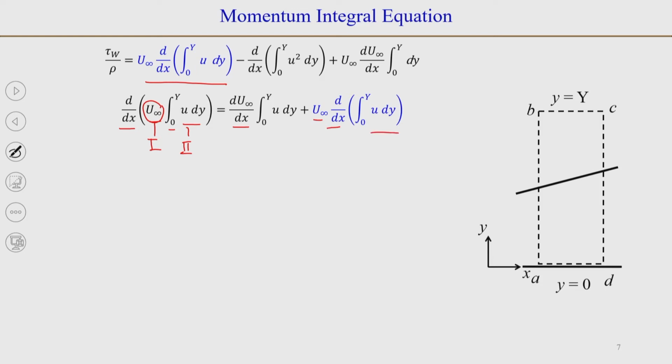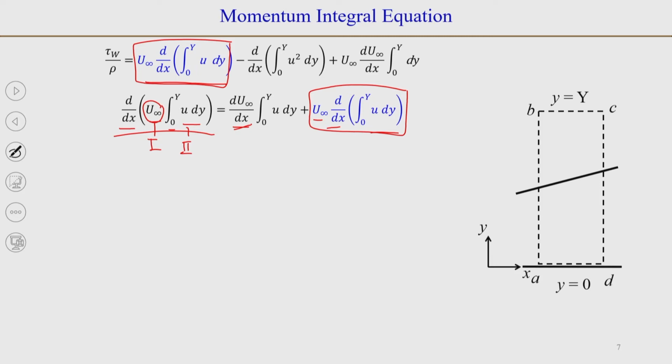Now, we get this term is same as here. So, we can replace this term by d by dx of u infinity into the integral 0 to y of u dy minus du infinity by dx into the integral 0 to y of u dy.